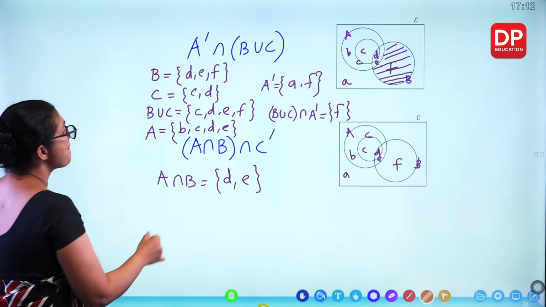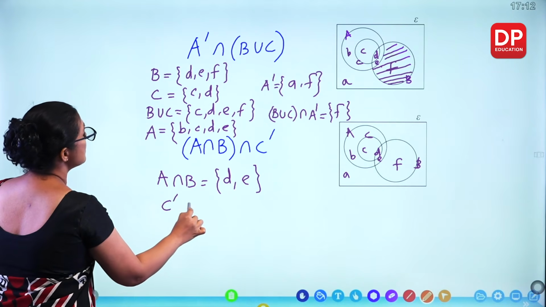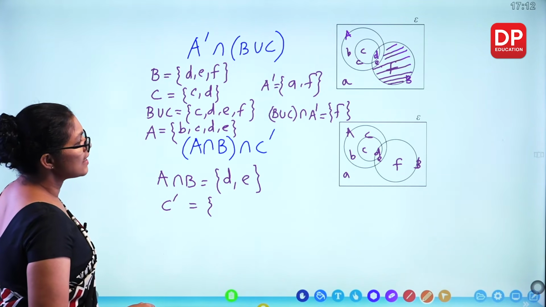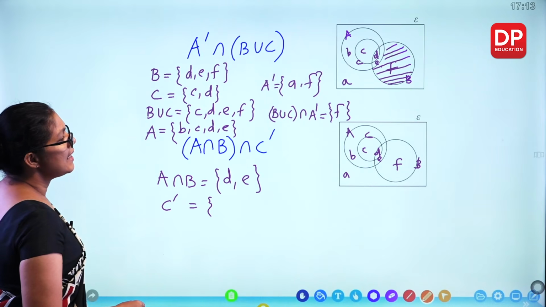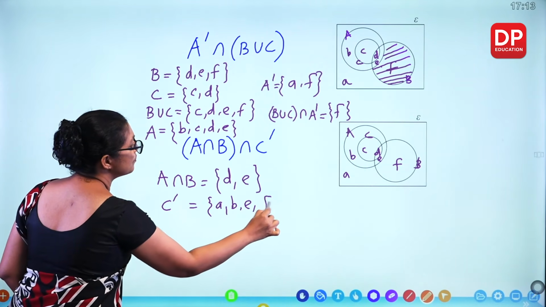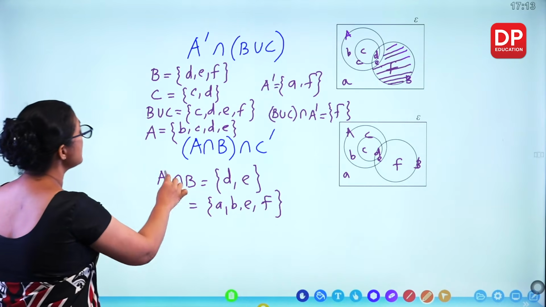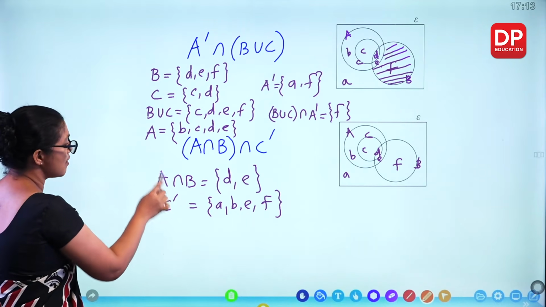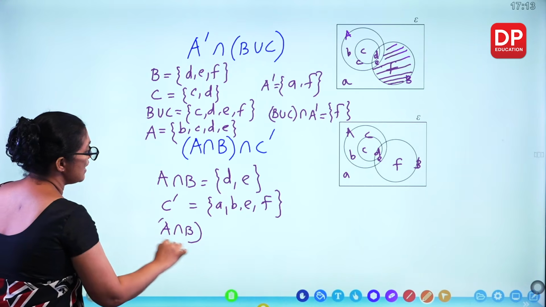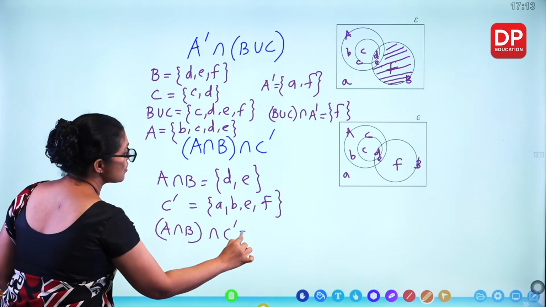Then C dash. C dash is everything outside C. Everything outside C is A, B, E, F. Now we have to look at intersecting of these two. A intersection B intersection C dash.